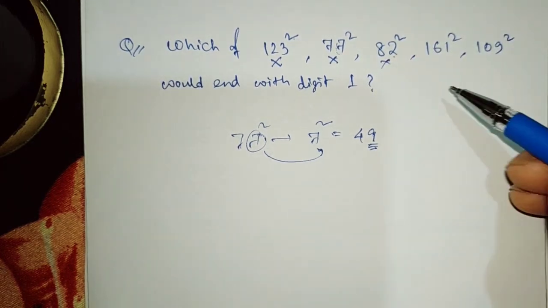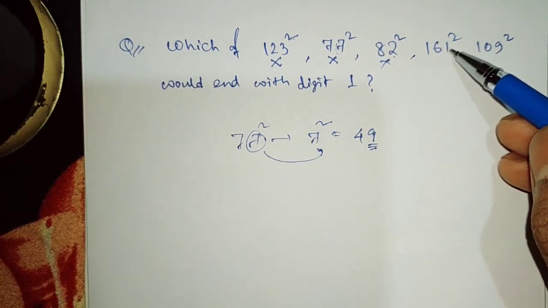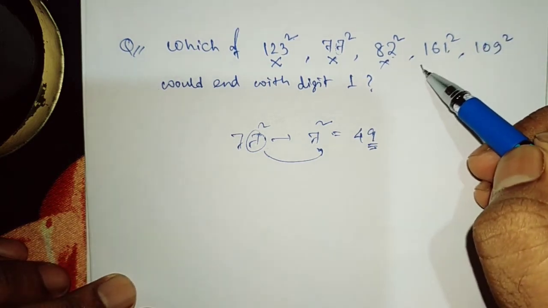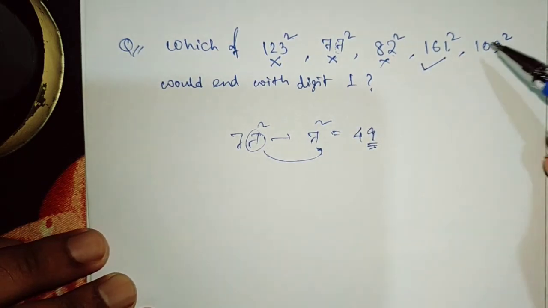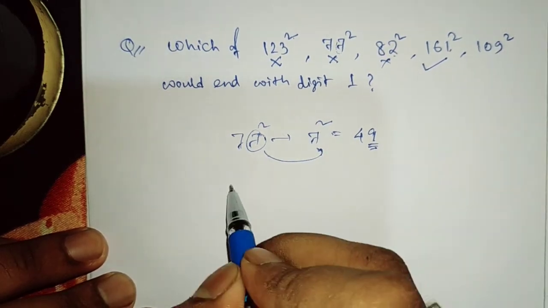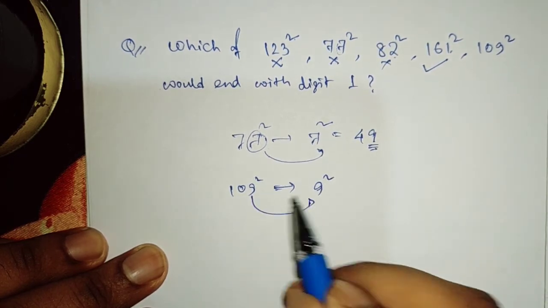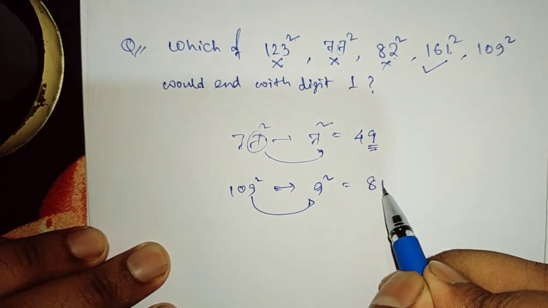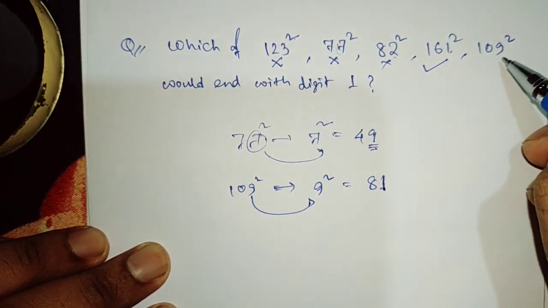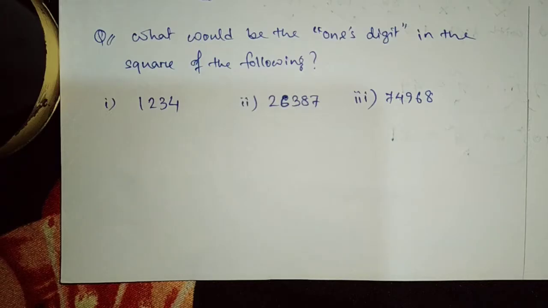Then 161 square, the last digit is 1. 1 square is 1, so 161 square will have end digit 1. In case of 109 square, just take 9 square, the last digit. 9 square is 81, so 81 has 1 in the end place. So 109 square will have 1 in the end place.